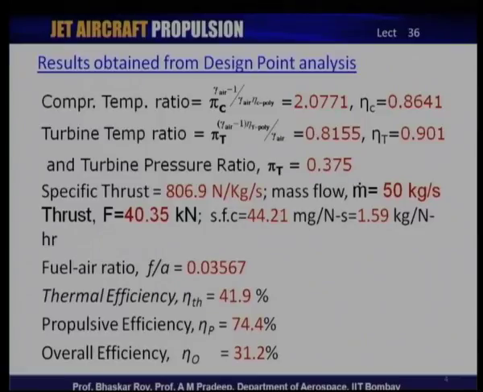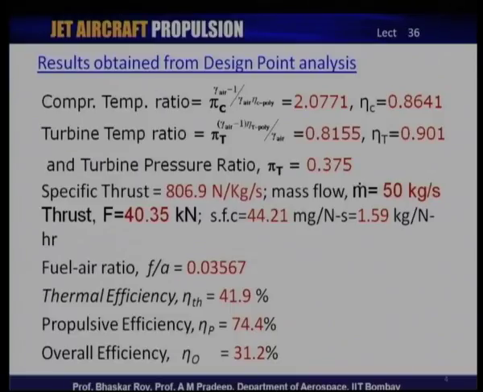The corresponding isentropic efficiency of the compressor, given the polytropic efficiency, which is 0.9 and considered to be equal for all the stages, the overall isentropic efficiency of the entire 10 pressure ratio compressor would be 0.8641, which is 86.41%.